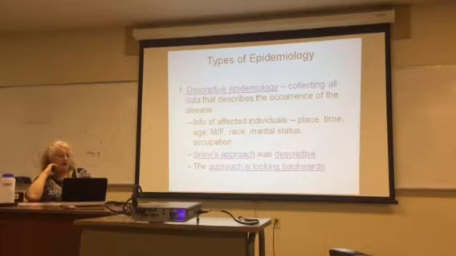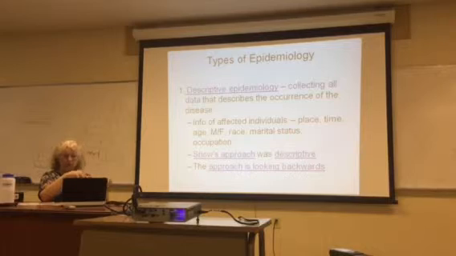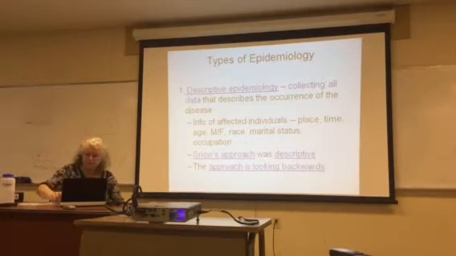Snow's approach was descriptive, and this approach is looking backwards. You have an epidemic, it's already happened, and now you're looking to see what all these people have in common that you can glean information from to see what might be the problem.